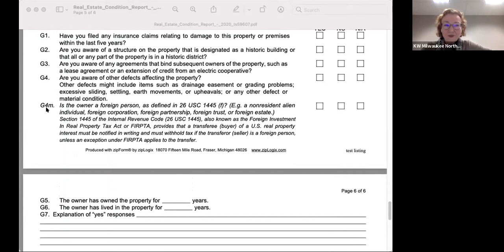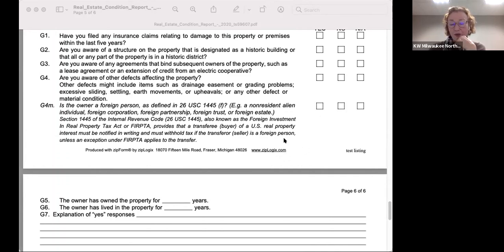In G4M, this is where it gets into the FIRPTA situation. If the seller is a foreign person, they do have to register that and answer yes and explain that they are, because they may be subject to a tax based on the sale of their house.